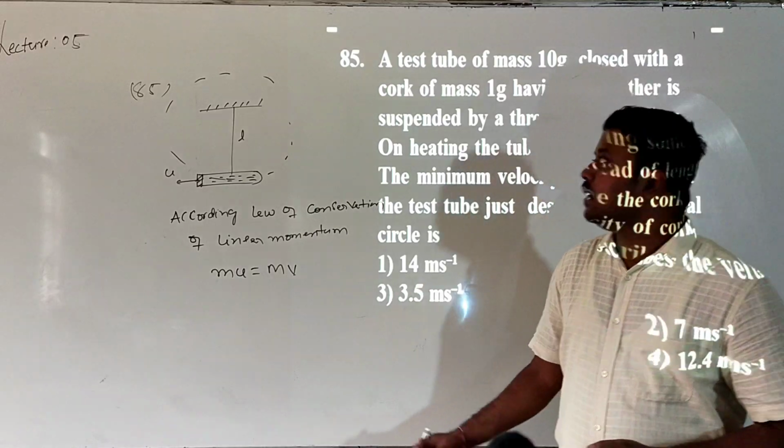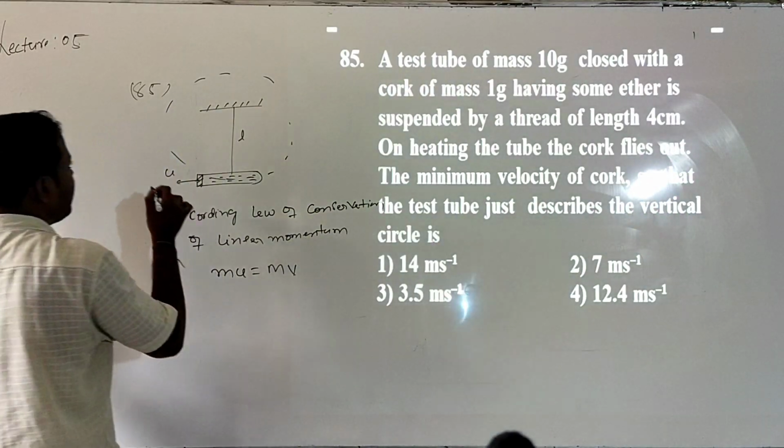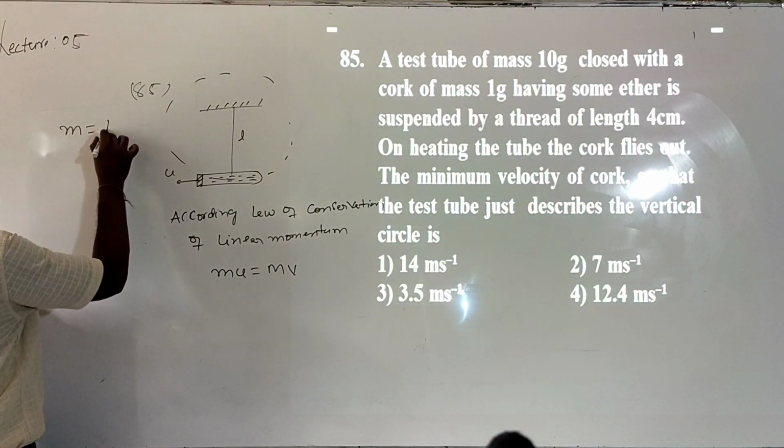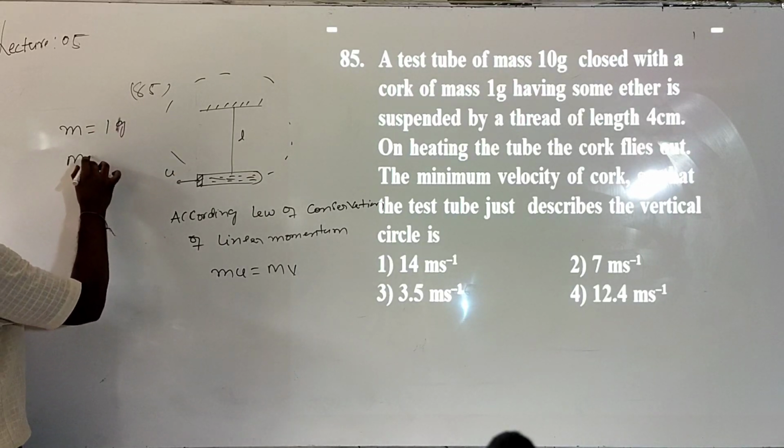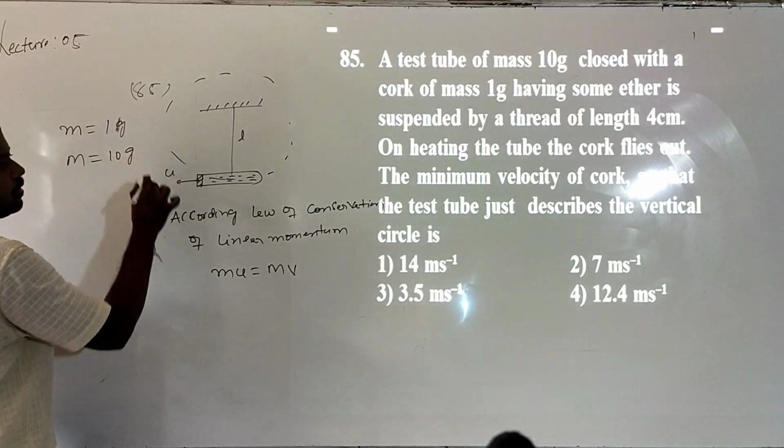The mass of the cork is small m, that is 1 gram. The mass of the test tube is capital M, that is 10 grams.